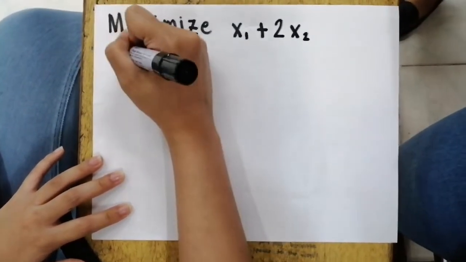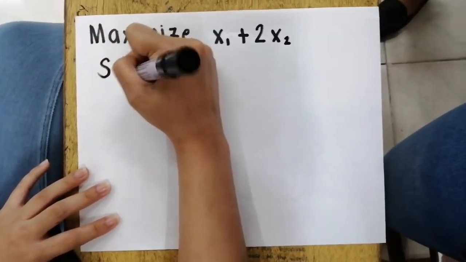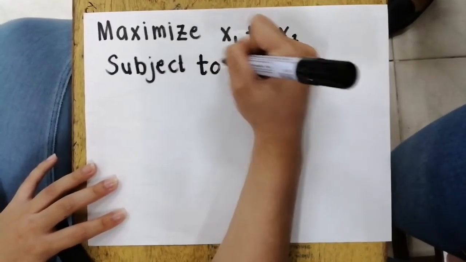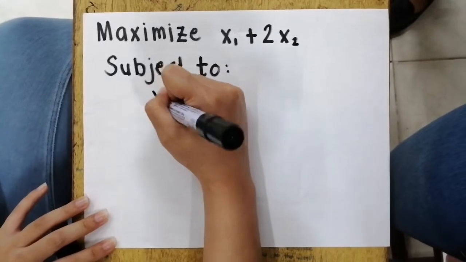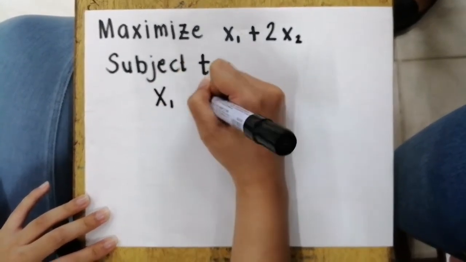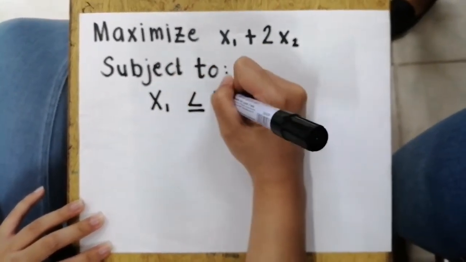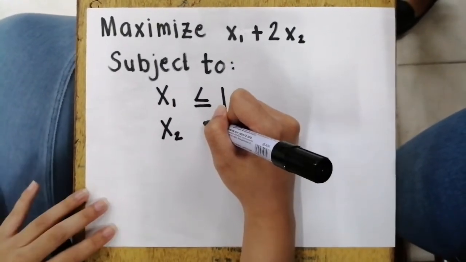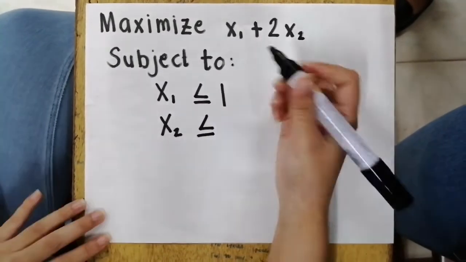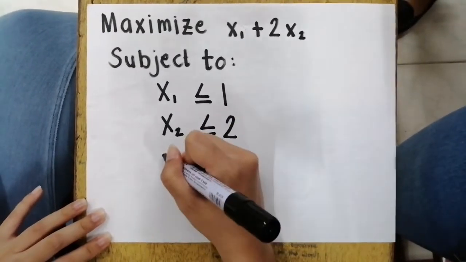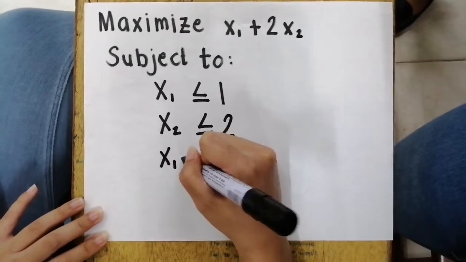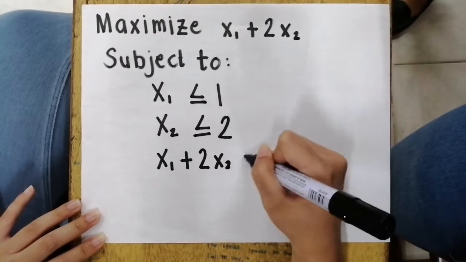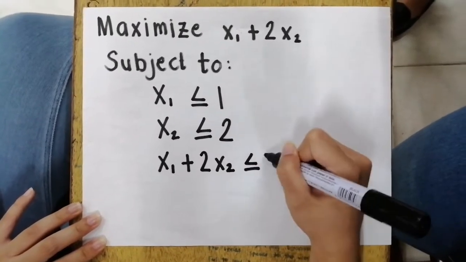The constraints are x sub 1 less than or equal to 1, x sub 2 less than or equal to 2, x sub 1 plus 2x sub 2 less than or equal to 2.